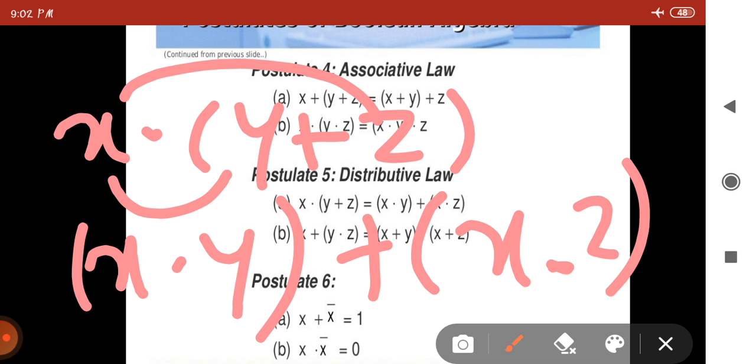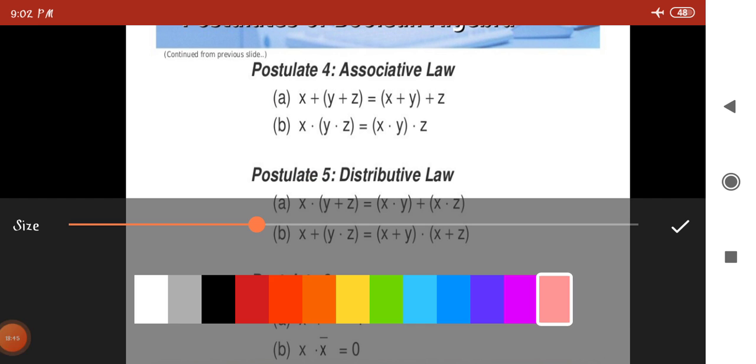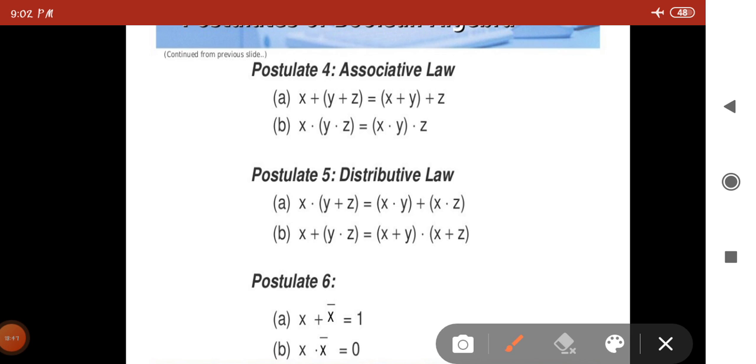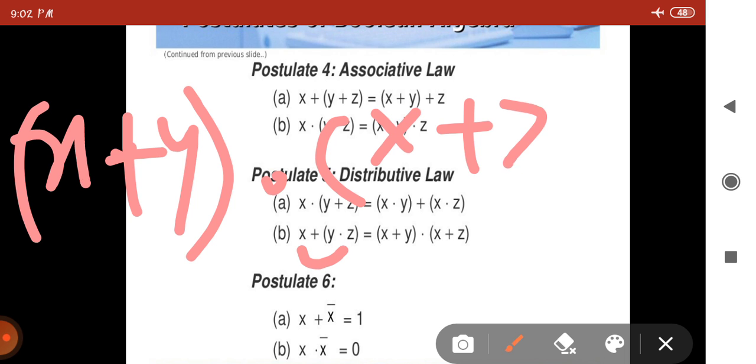This is the equation that comes here, like x plus y into z. What does it come to? This is the expression. x into y, otherwise x plus y multiplied by x plus z. This expression can be used like that.